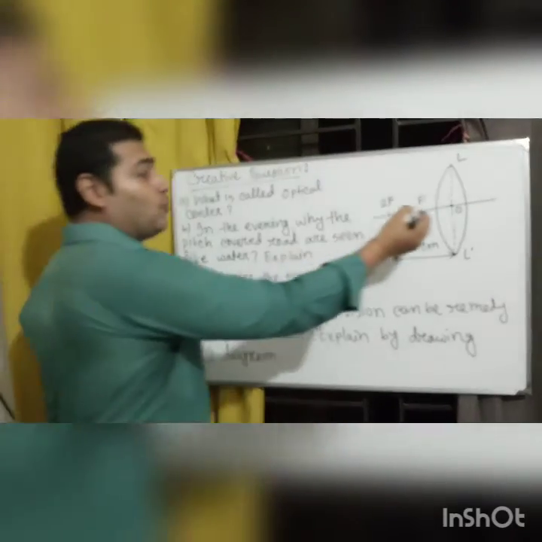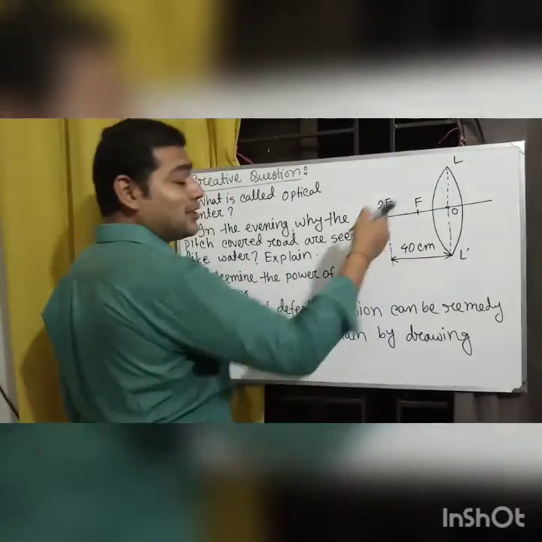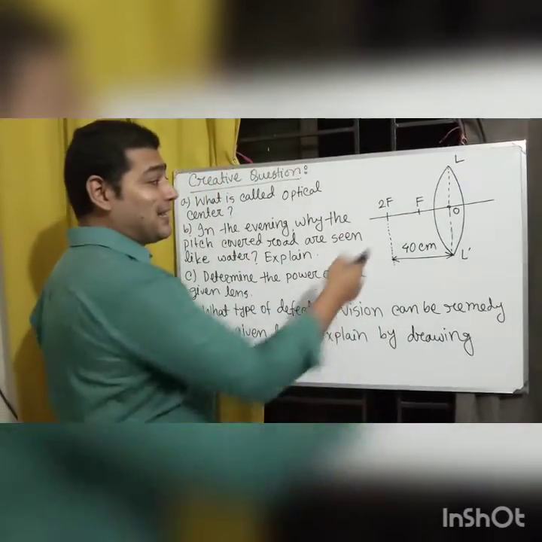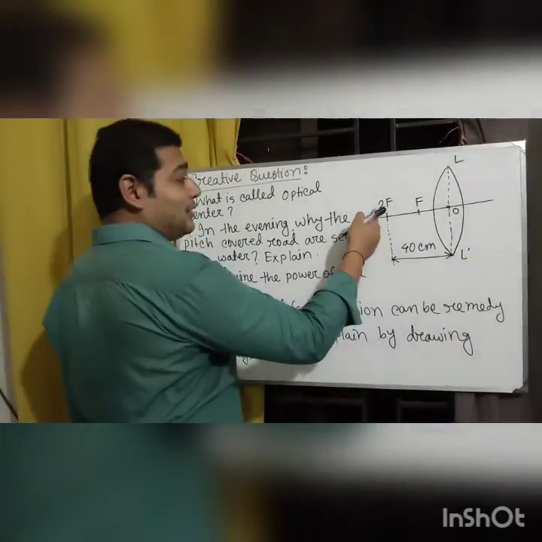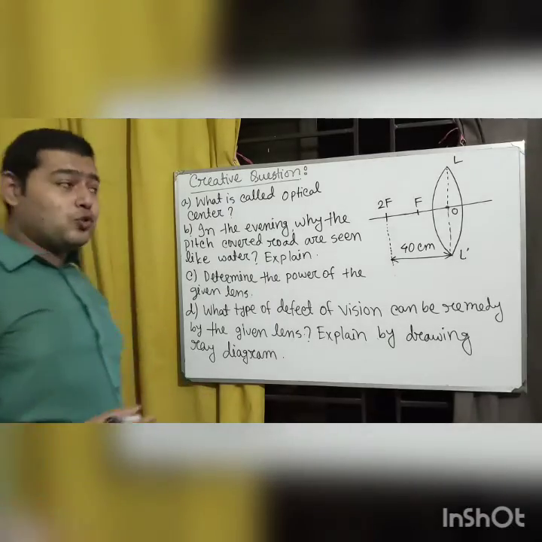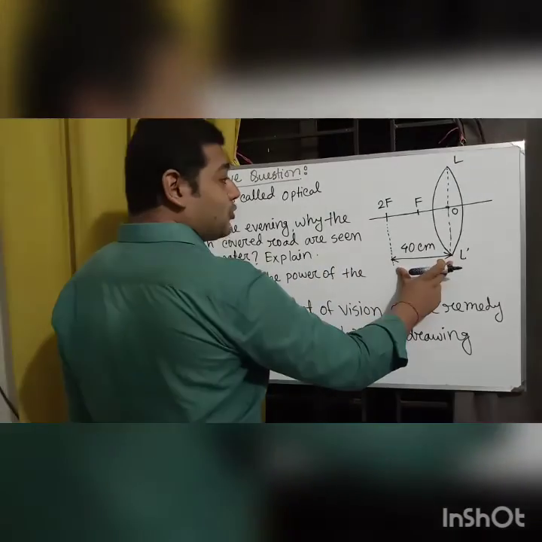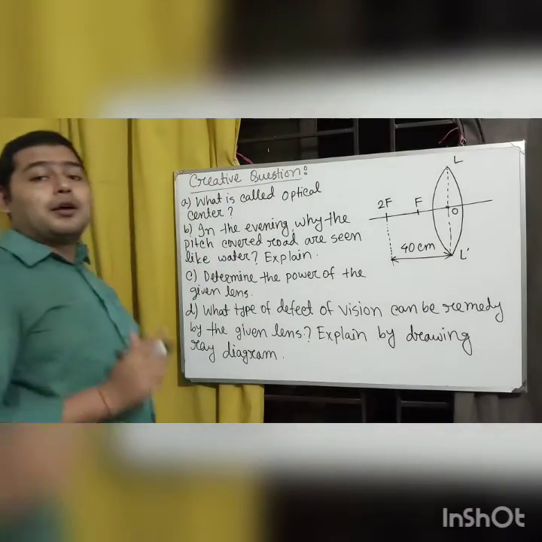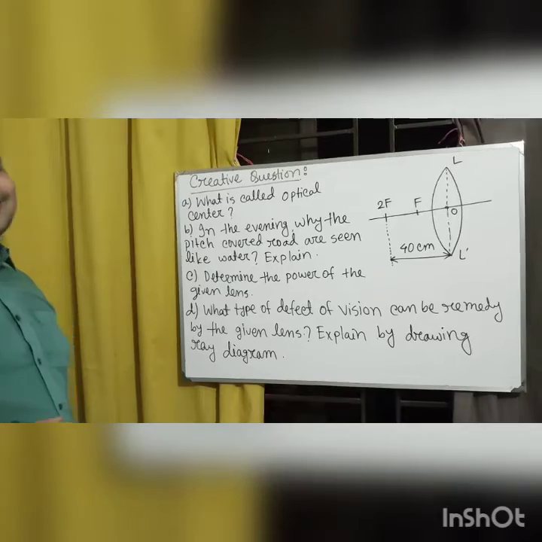Here O is the optical center, and L prime is our convex lens. F is the principal focus, and this is the point 2f, and the distance of 2f from the optical center is 40 centimeter.